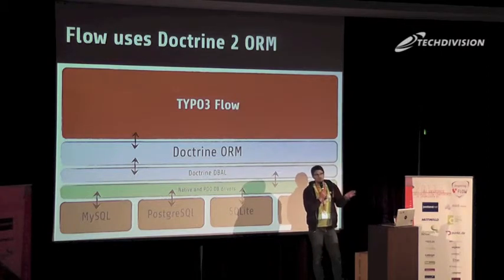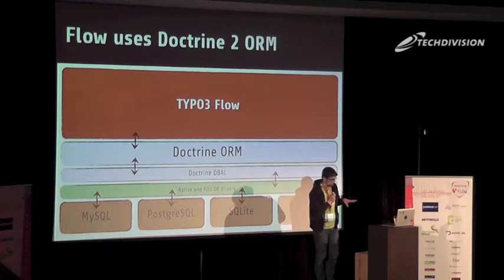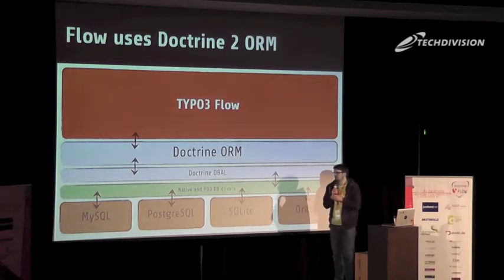So if you check your list of installed Composer packages on a Flow master install, you will see that there's an impressive list of dependencies that is pulled in through our dependency on the Doctrine ORM. So if you ever wonder if Composer was a good idea, yes, it was, because you don't want to manage that on your own.